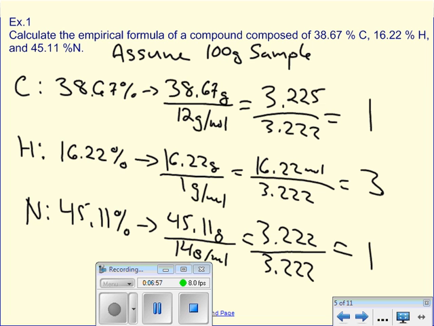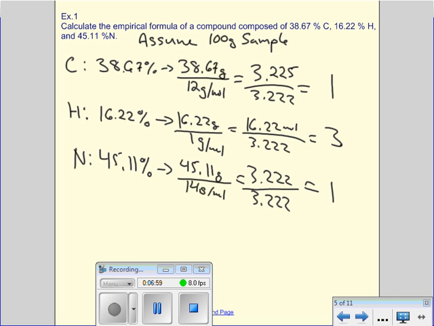So in the end, my empirical formula is going to be C, I only have one of them, H3N. That's my empirical formula. It's probably not going to be my molecular formula. I don't have any extra data to tell me, like a molecular mass. So that's going to be my empirical formula for this question.